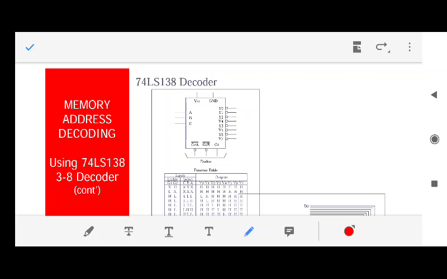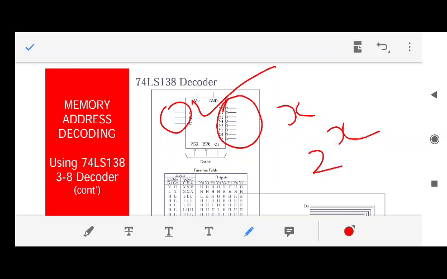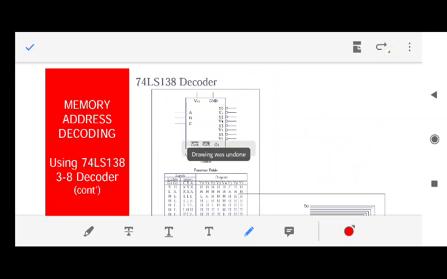So since you have less number of address lines to select the chip, you need a decoder circuitry. That decoder circuitry will convert those less number of address lines to a large number of address lines. And what is exactly that? That is, if you have x address lines remaining, then it will decode it to 2 to the power x address lines. Fine. I think this is now very clear to you.